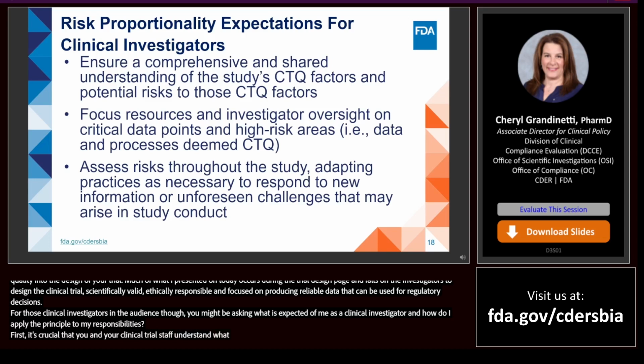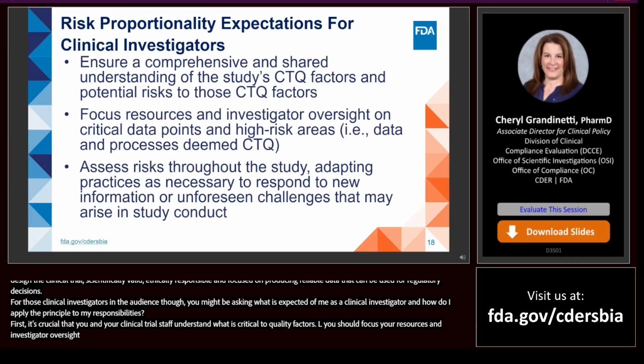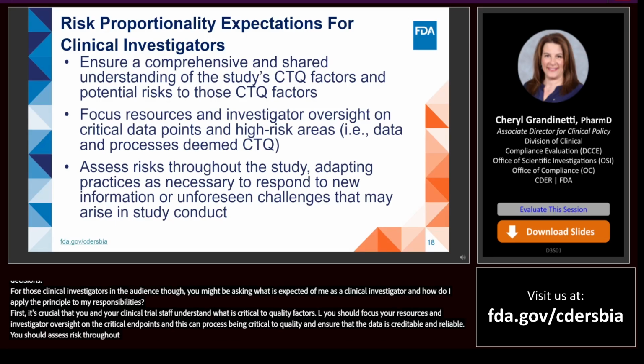You should focus resources and investigator oversight on those critical data points and high-risk areas, so data and processes deemed critical to quality, and ensure that the data is credible and reliable and that the critical processes are conducted according to the protocol. You should assess risks throughout the study, adapting practices as necessary to respond to new information or unforeseen challenges that may arise in study conduct.